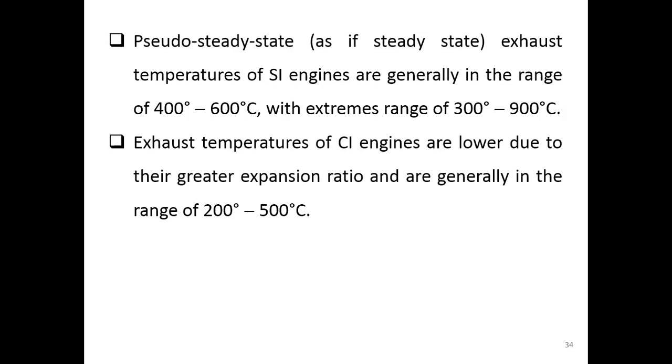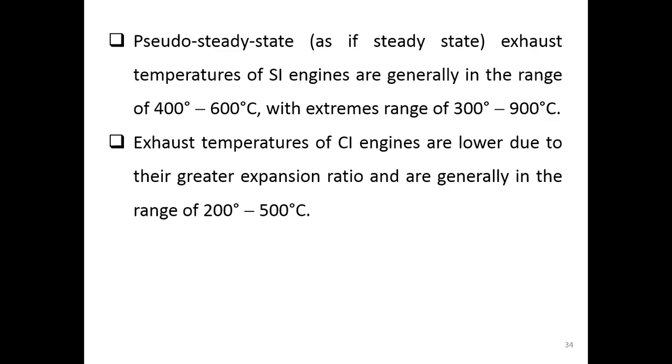So if you look at this, the exhaust temperatures are generally in the range of 400 to 600, with the extreme range that can go as low as 300 to 900 degrees Celsius.